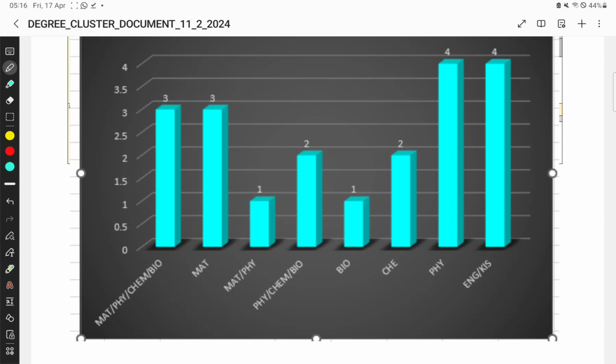And then group 2 where we have physics, chemistry and biology. So this is very important when you are interpreting the second cluster subject. Therefore, it means that you have to take physics critically because it will open doors into 4 different clusters. English, Kiswahili, 4 different clusters. Then the rest of the subjects follow.